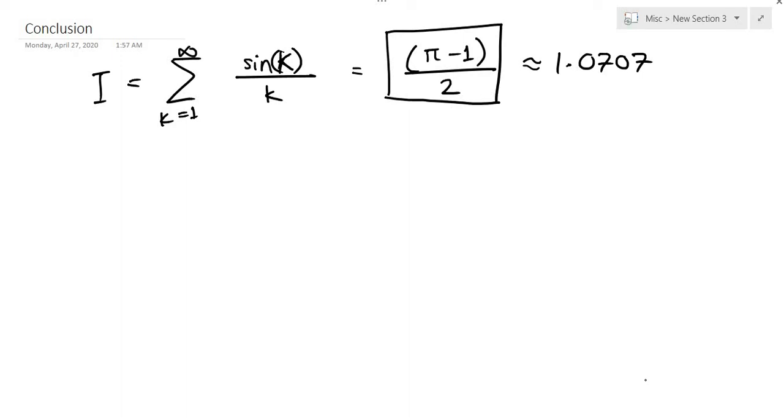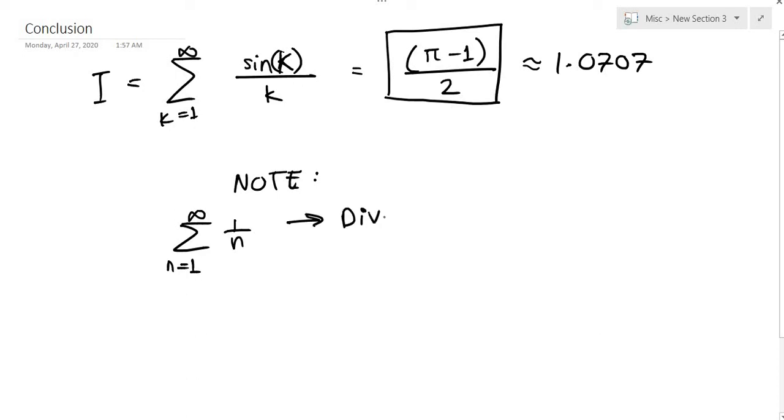So, even in the case where we had a sum from n equals 1 to infinity of 1 over n, basically the harmonic series is divergent. Fun fact: if you had the series from n equals 1 to infinity of 1 over n, this would diverge, right?